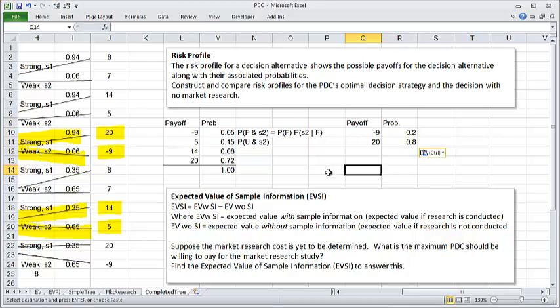So you can see that doing the market research does lower the risk. Take a look at the probability of losing $9 million. Without doing the research, there's a 20% chance of losing $9 million. But if we do the market research, the probability of losing $9 million is reduced to only 5%. So we can see this strategy is, besides being optimal in terms of getting the higher expected value, it also comes with a lower risk level.